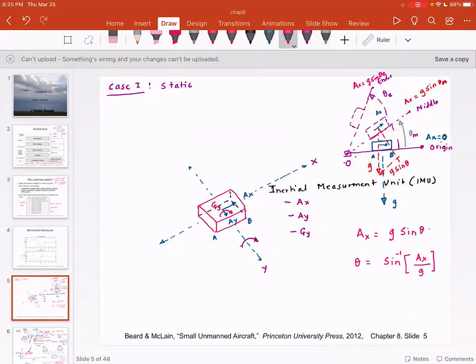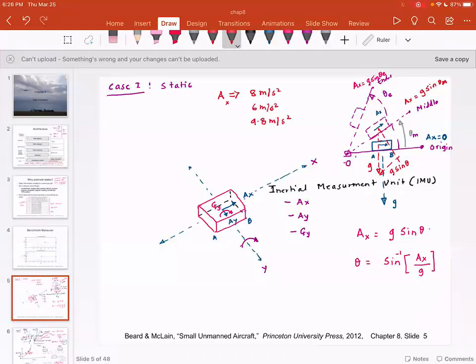Everyone understood this? So for the sake of discussion, let's say the accelerometer output AX gives you a value in meters per second square. So it gives you 8 meters per second square or 6 meters per second square, or when it is vertical it gives you 9.8 meters per second square.